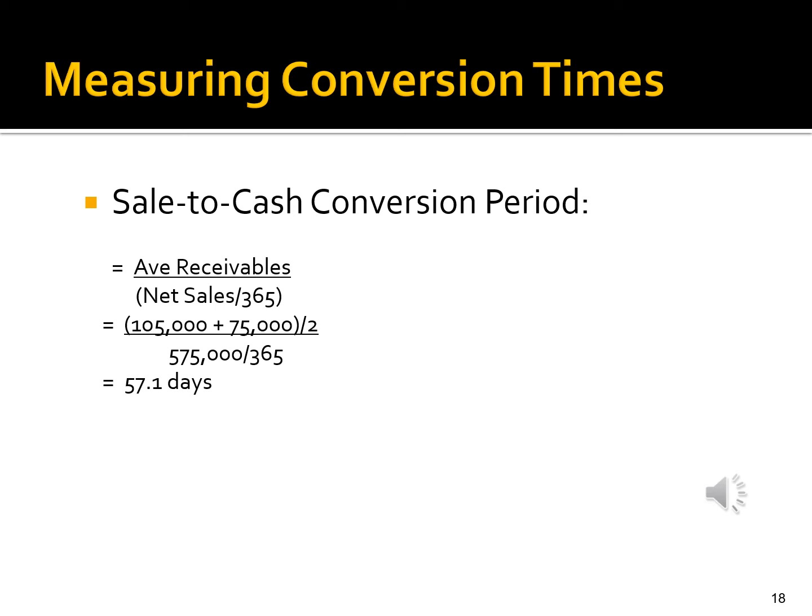Okay, now how to calculate the sale to cash conversion period. If we look at the operating cycle, from the inventory it goes to the final goods, and then the business will sell the goods and get sales.